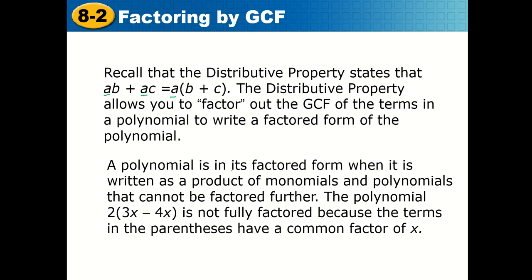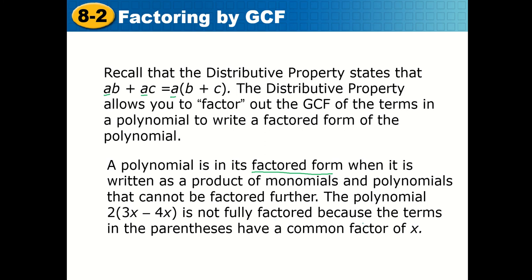So a polynomial is in its factored form when it is written as a product of monomials and polynomials that cannot be factored further. The polynomial 2 times 3x minus 4x is not fully factored.